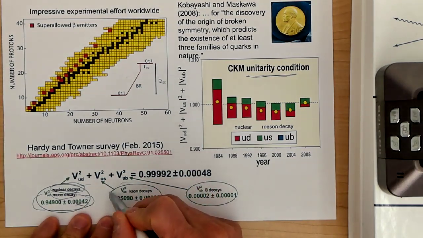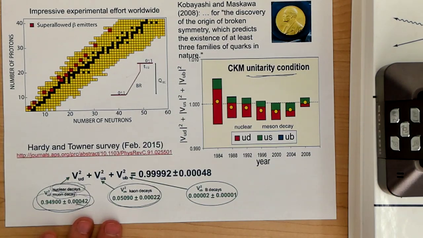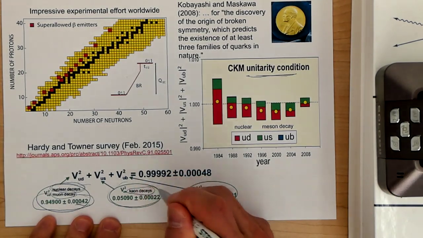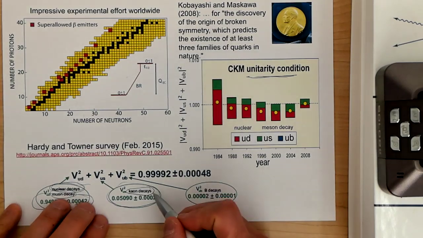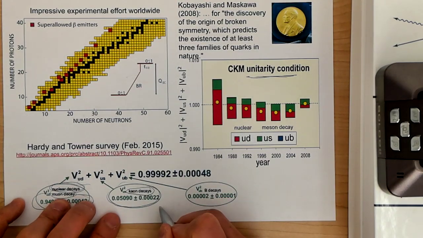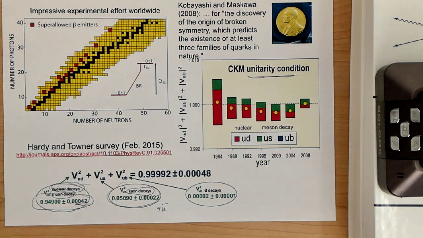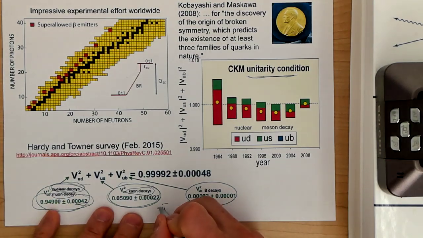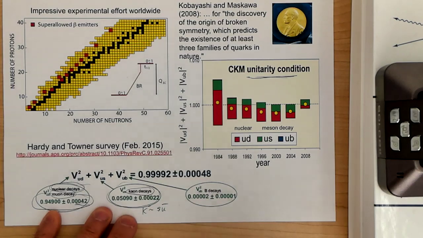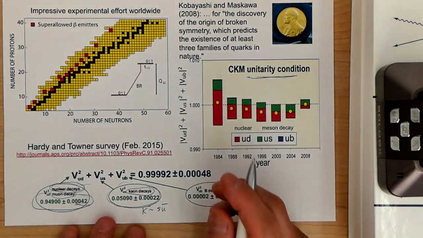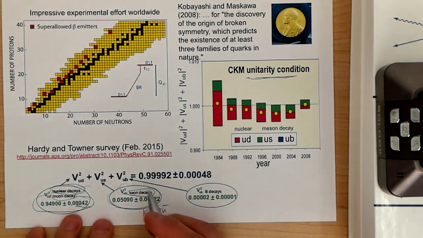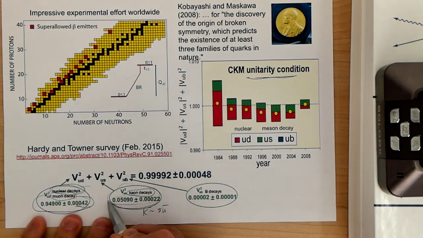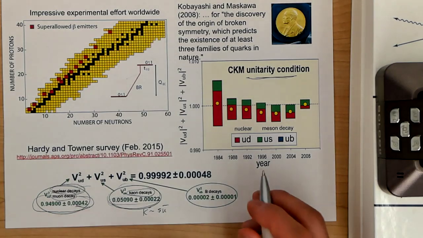But then for the others, you need to go to other systems, like kaon decays, the decay of a kaon meson, which we were talking about. Those are the strange mesons, the ones involving strange quarks, like we talked about the K minus, a strange quark with an anti-up quark, and that gives a value of V_us squared of about 0.05.